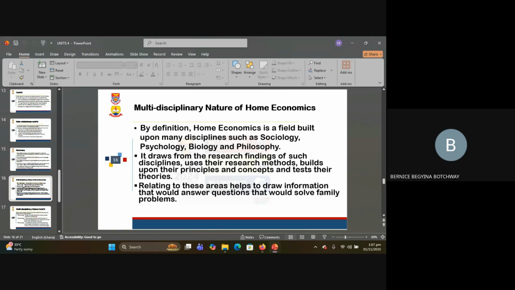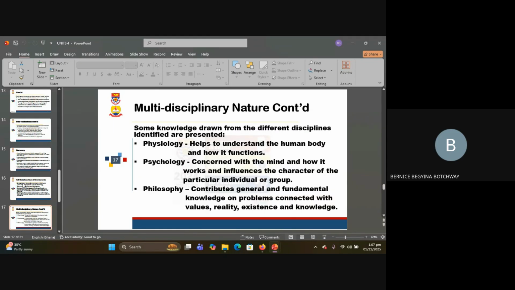I'm not going to talk much about this part because we all know that home economics draws knowledge from physiology. Physiology helps us to understand the human body and how it functions. We have psychology too, which is concerned with the mind. It helps us to understand how individuals behave or act in various stages of their lives.